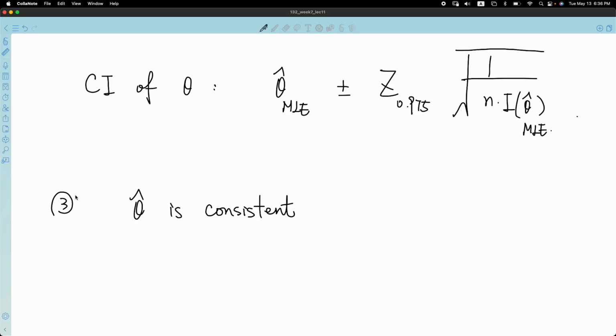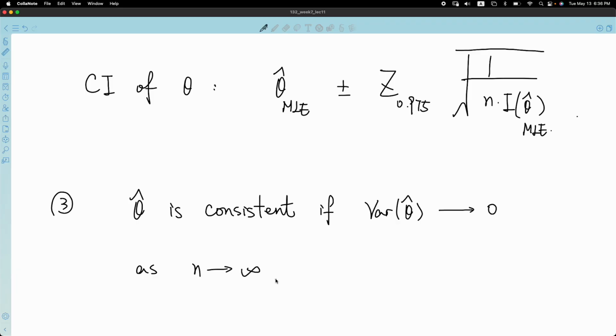The first one referred to unbiasedness, the second one to efficiency, and the third one is called consistent if the variance of your estimator theta hat goes to 0 as n goes to infinity.